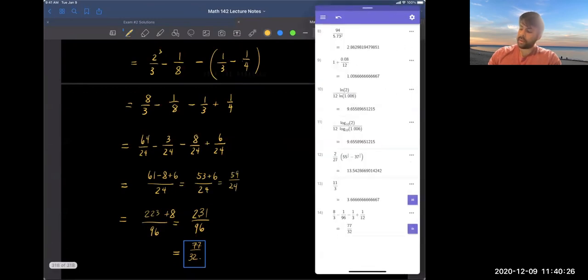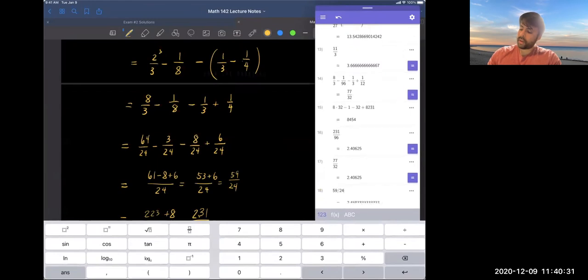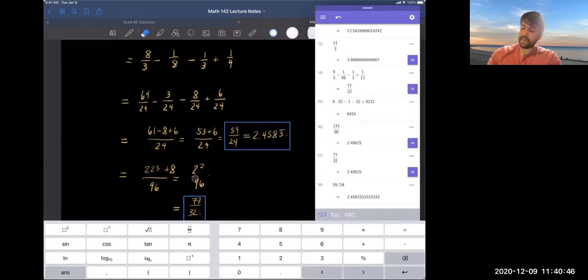And is this the correct one? 59 over 24. That's exactly right. So this is exactly what Maple gets, 2.5483 repeated. Does everyone see that?